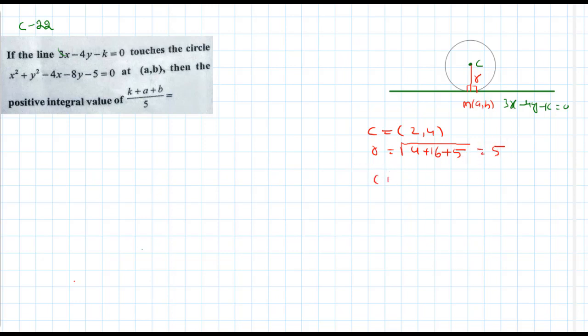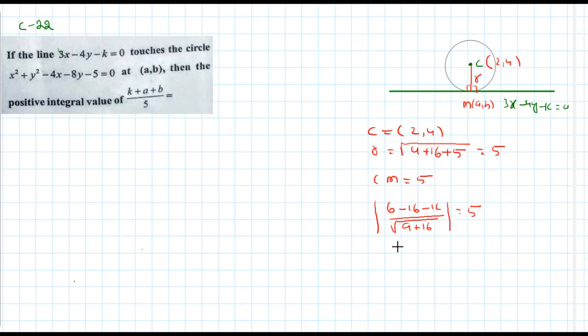Now, what is known here? CM equal to 5. CM is the perpendicular distance from the center to the line. Already you have 2, 4. Just directly, modulus of (6 minus 16 minus k) by root over 9 plus 16 is nothing but 5.